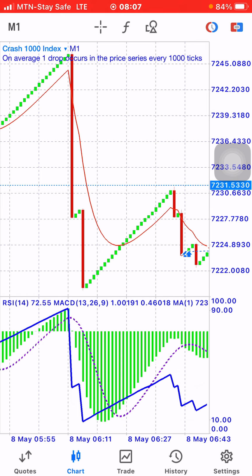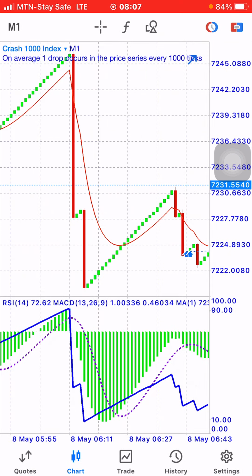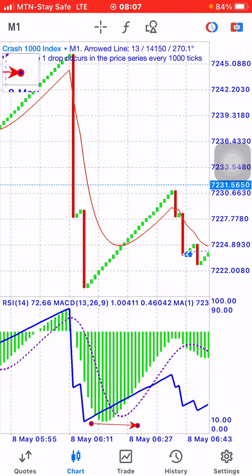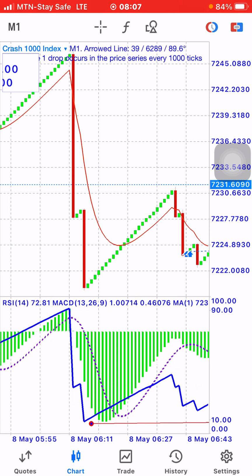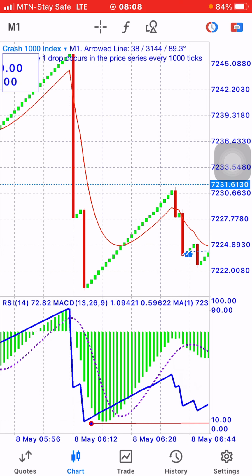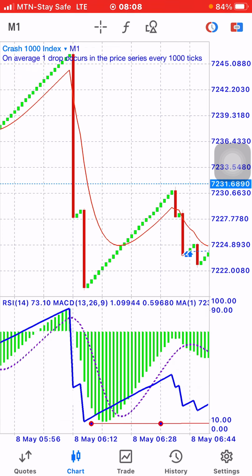Then you look at the right and measure it like this, to see if it's touching this 10th level. If it's touching this 10th level on the right-hand side, you will now enter the market.